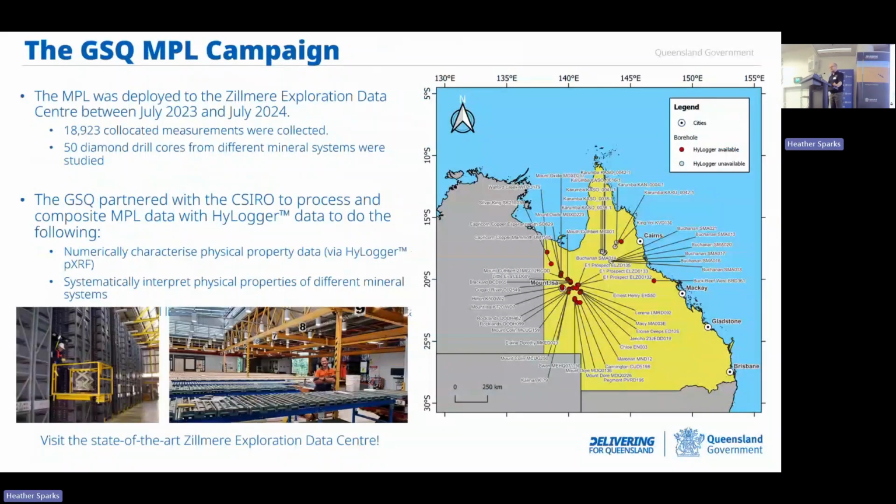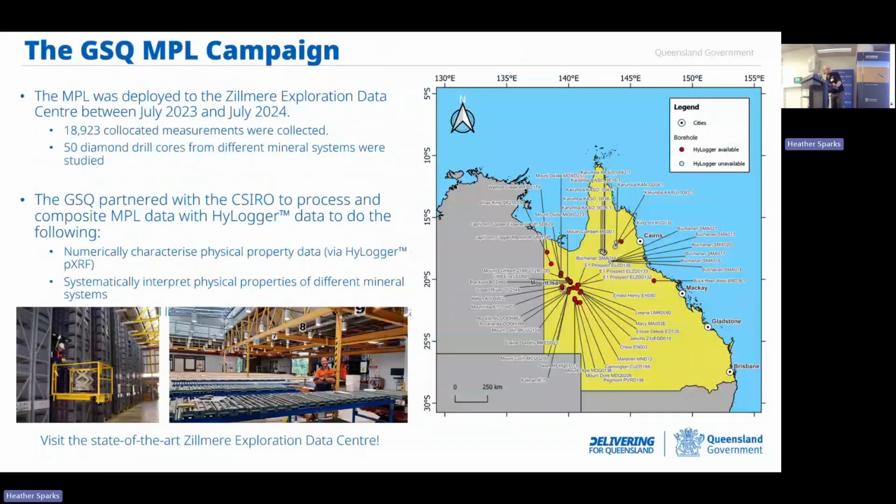And so work began in July 2023, and after a week-long training and induction exercise, it continued for the entire year until July 2024. During this time, drill core from over 30 mineral systems was logged at 5 centimetre intervals from representative sections of host rock, alteration and ore zones where available.